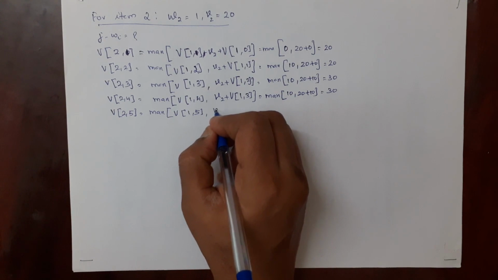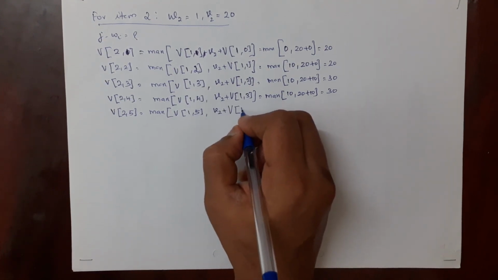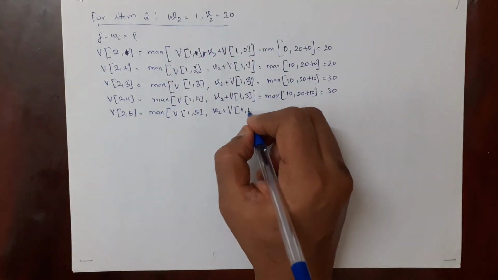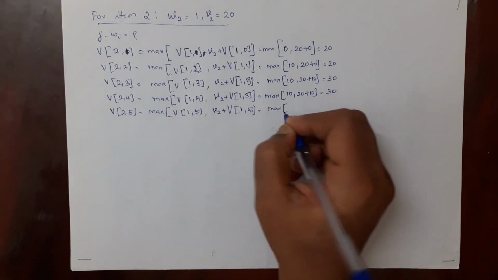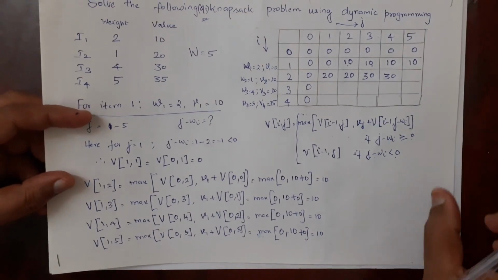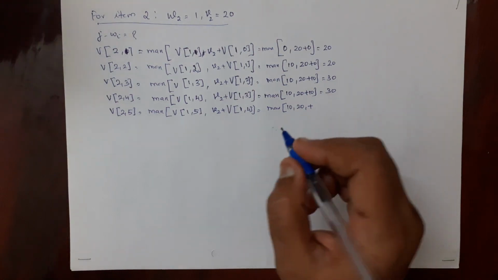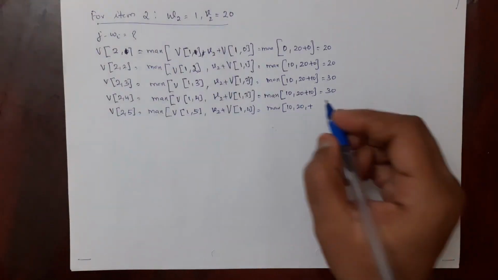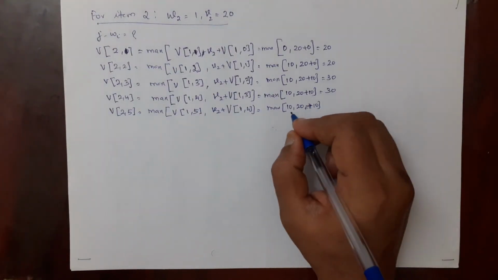Okay, next v2, the value of this item plus v of i minus 1, j minus wi, that is 1 comma 5 minus 1, 4. That is equal to the maximum of 1 comma 5, which is 10, and the value of this item, 20, plus 1 comma 4, which is 10, so 30.